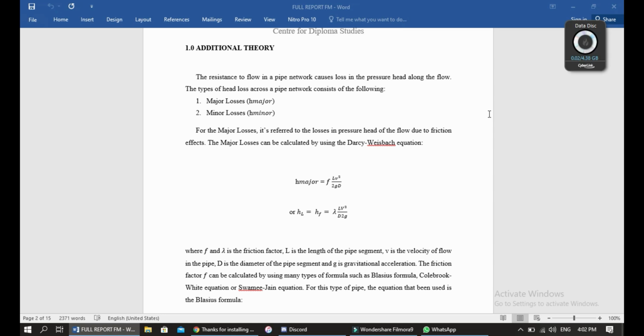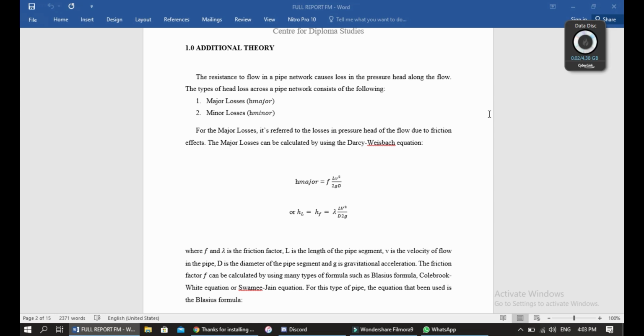We can also find the HL or the HF by using lambda times L V squared over D times 2g.